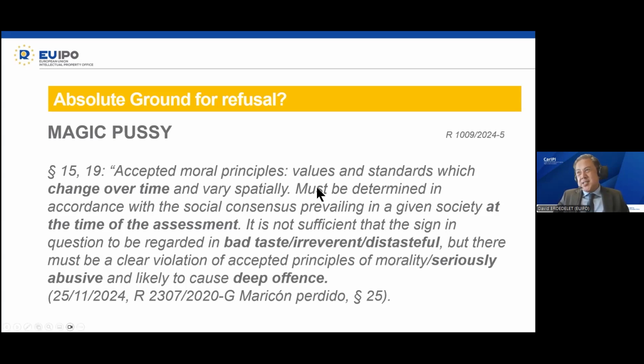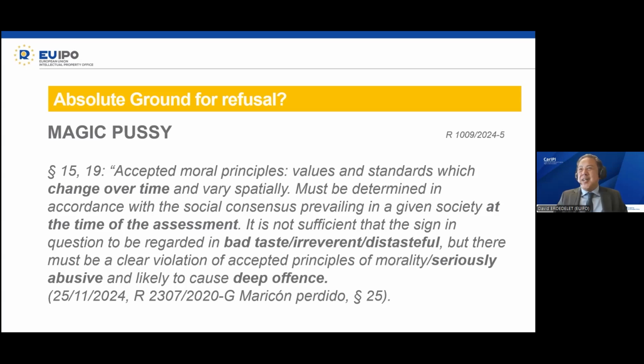If you're interested in reading the full decision, you see on the right here the appeal, R1009/2024-5. If you go into our eSearch case law database, you'll be able to look it up. What I show you here is a part of the decision.